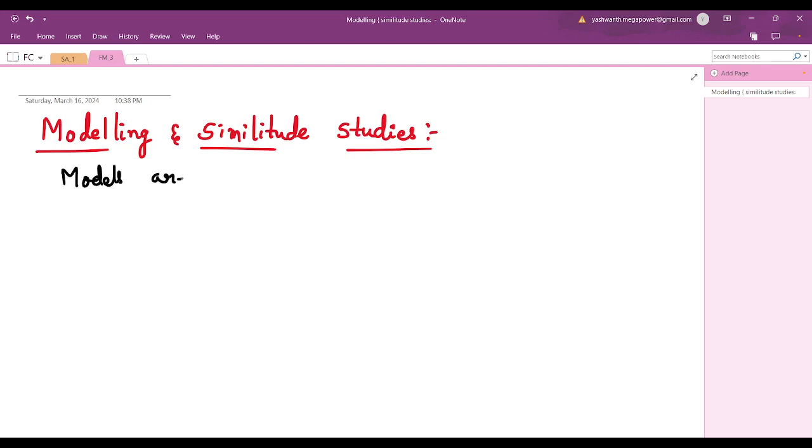Models are generally smaller versions of prototypes.